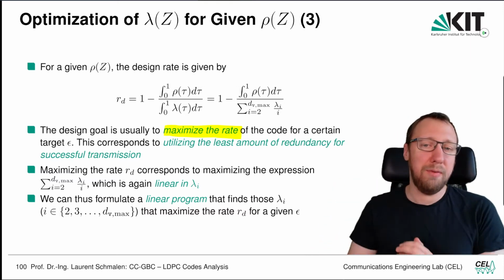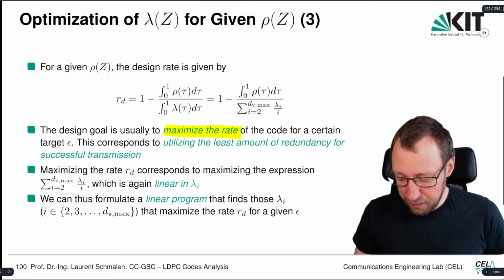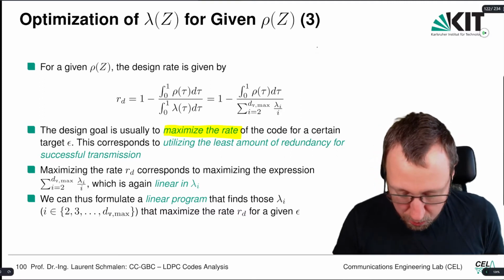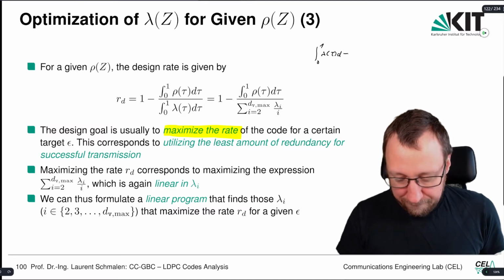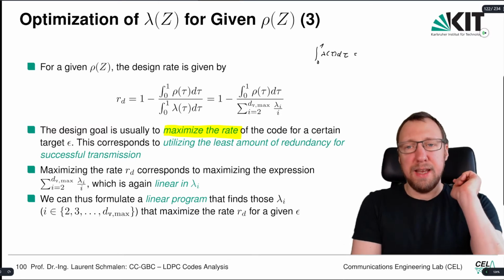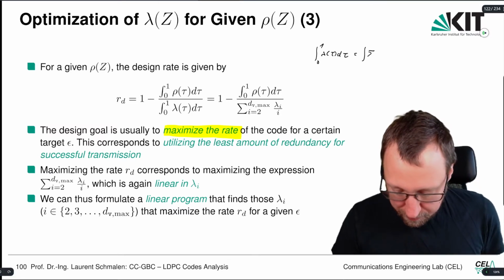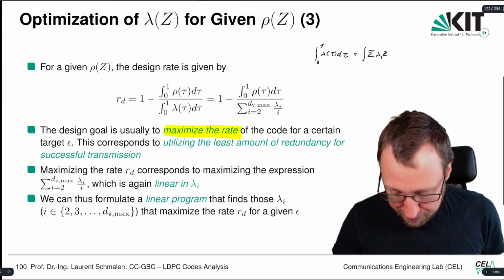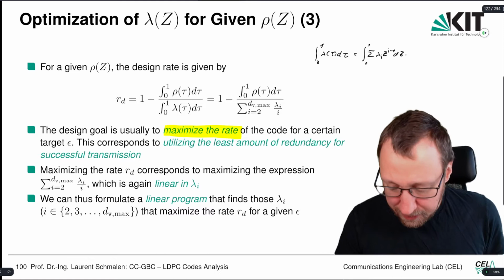We insert 1 for z, that gives us the sum over lambda i. If you don't believe me, we can just quickly do it. The integral from 0 to 1 of lambda(tau) d tau is equal to the integral over the sum of lambda i times z to the power i minus 1, between 0 and 1, dz.